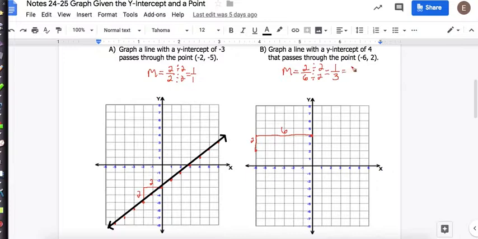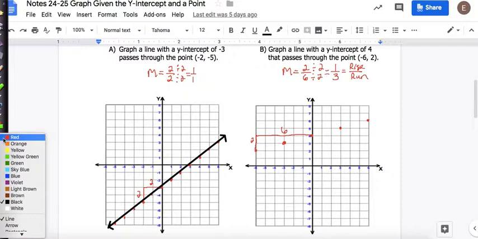So that means my rise is 1, my run is 3. So I'm going to start at this point here and go up 1 over 3. Up 1 over 3, and there's the y-intercept. Up 1 over 3, and one more time, up 1 over 3.